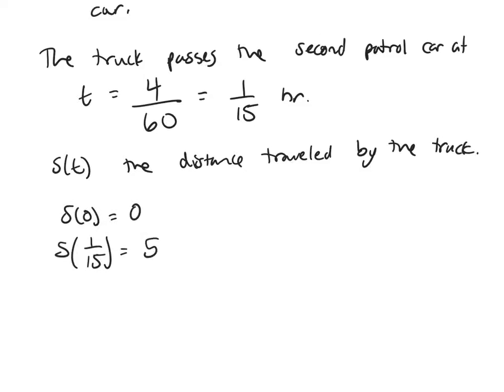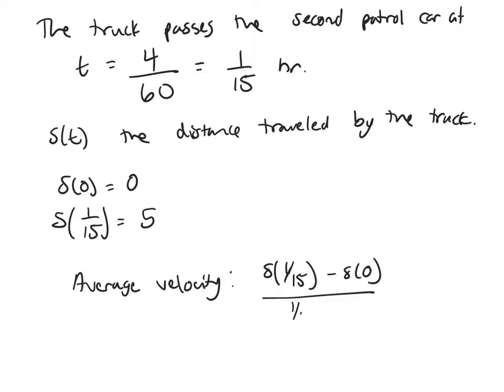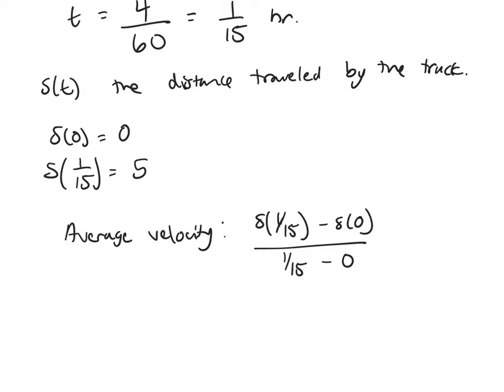So what we're going to do is look at the average velocity here over this interval. So if I take s of 1/15 minus s of 0, over 1/15 minus 0, well, this is 5 minus 0 over 1/15 minus 0, just 1/15 we'll say.